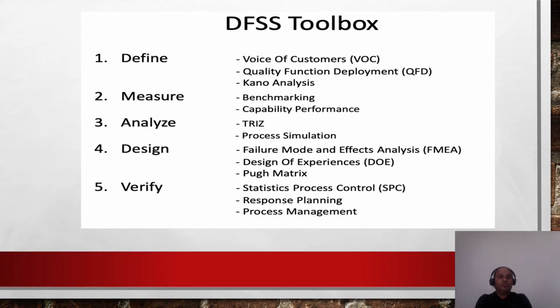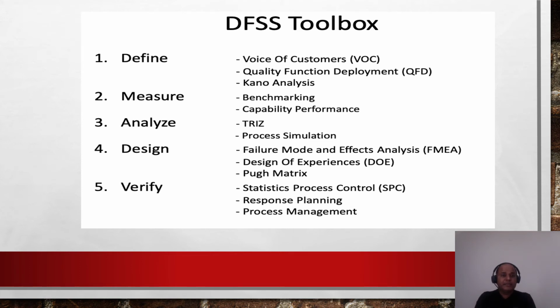DFSS toolbox. What is the toolbox of design for Six Sigma? Define stands for voice of customer, quality function deployment and Kano analysis. So how are we going to define by these three methods: voice of customer, quality function deployment, and Kano analysis. How are we going to measure?